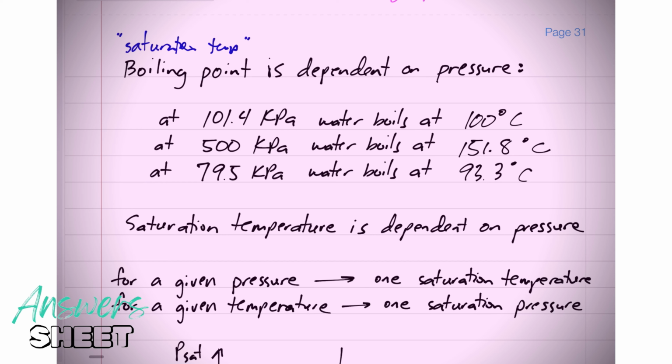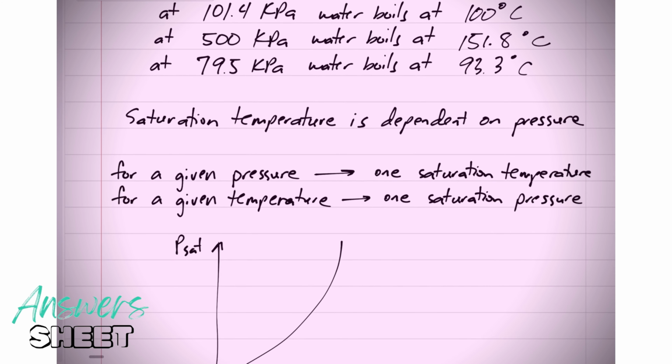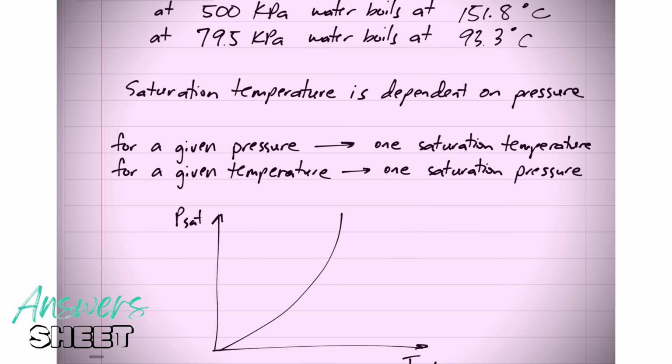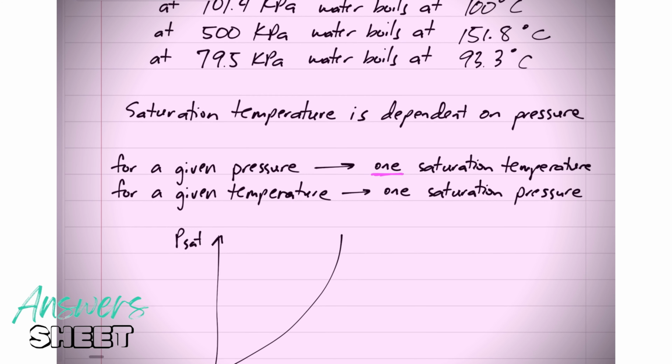Saturation temperature is dependent on pressure, but for a given pressure, there is only one saturation temperature, for that pure substance. So water at this pressure will boil at 100 degrees C. It's a 1-to-1. For a given pressure, there's one saturation temperature.